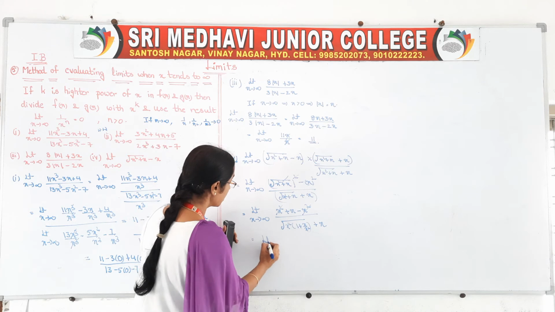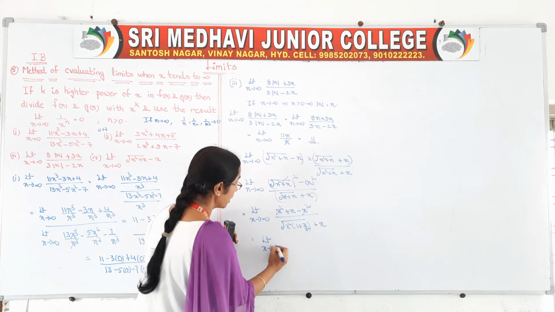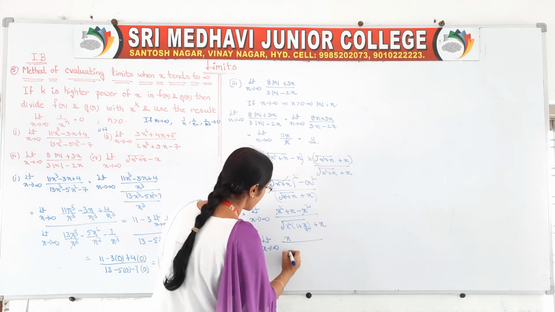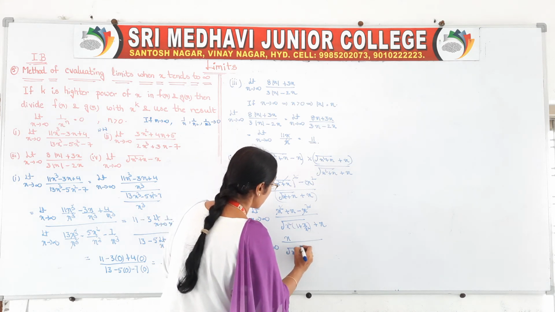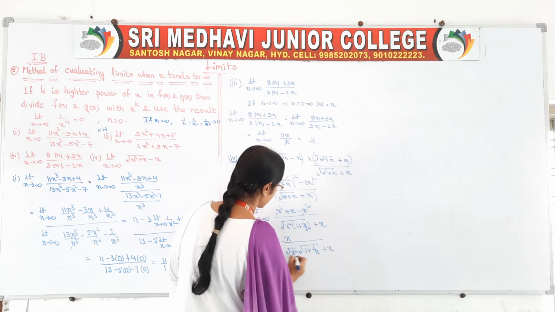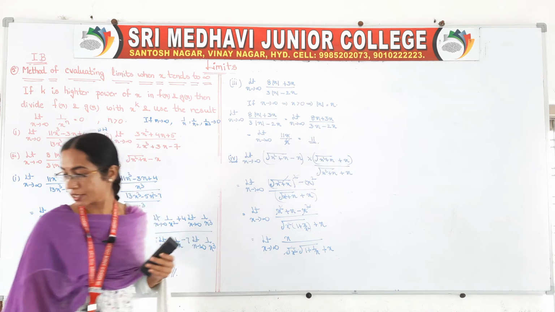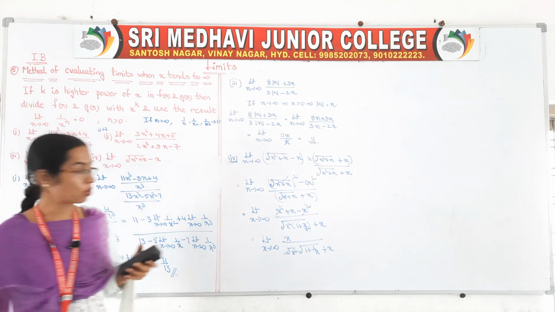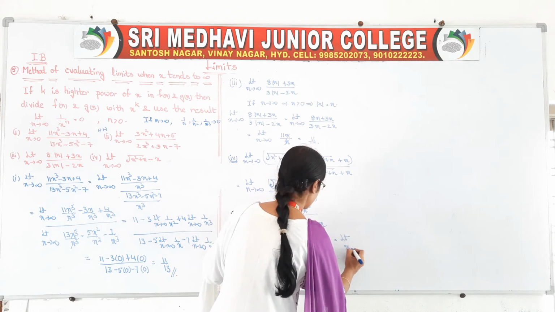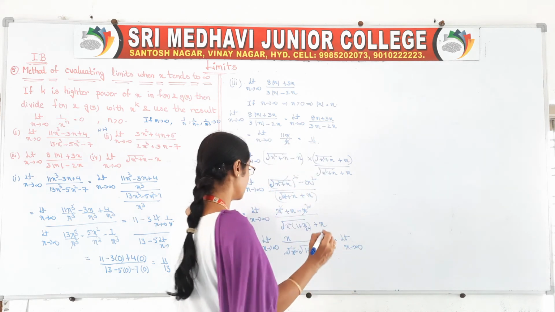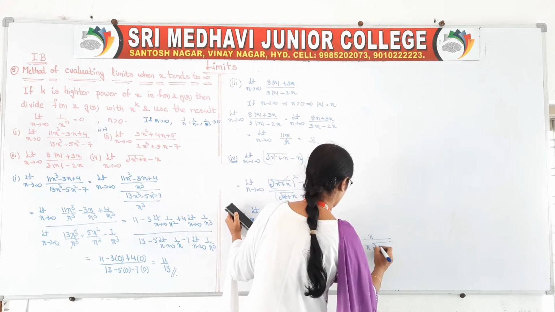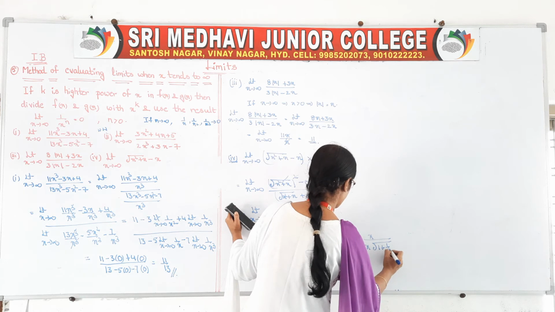Okay, so then you take your problem. Limit x tends to infinity x by, here we can write this as root x square, root of 1 plus 1 by x, plus x. Square root cancels, right? So we can write this value as limit x tends to infinity x by x into root of 1 plus 1 by x, right?